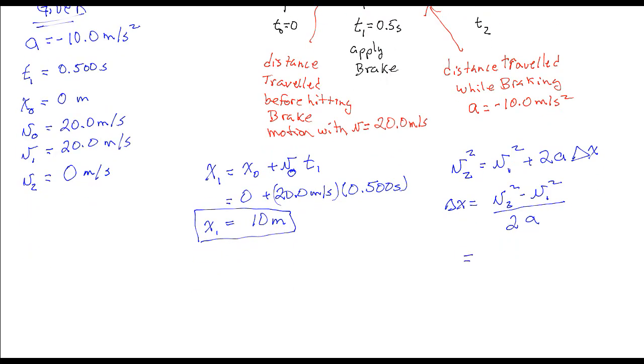Our v2 squared is 0, v1 is 20 meters per second, and we square that, and we divide by 2 times our acceleration, which is negative 10 meters per second squared.